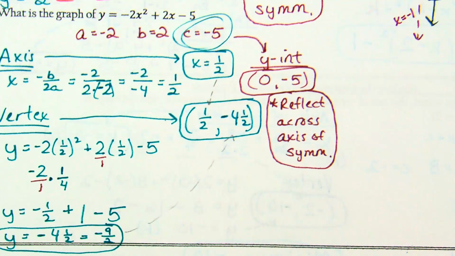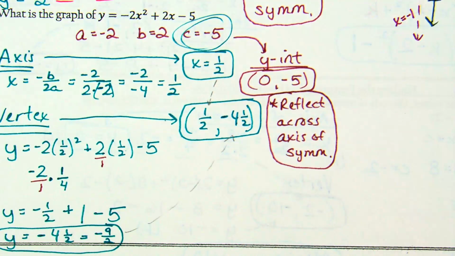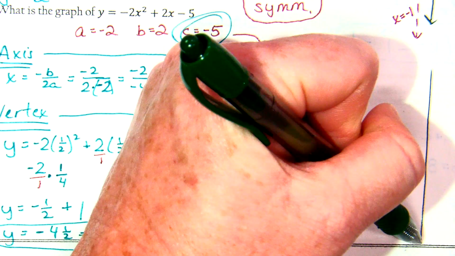Okay, so hopefully you get what you need there, and hopefully you left room for a graph. Obviously, since my y-intercept and vertex are down the negatives, you have to have room to go down.